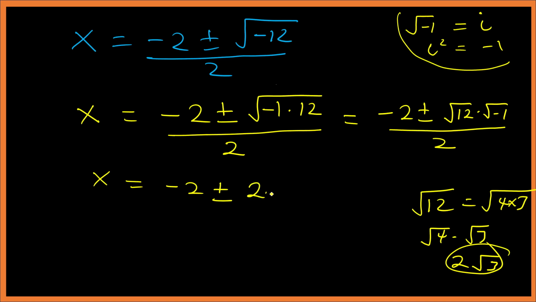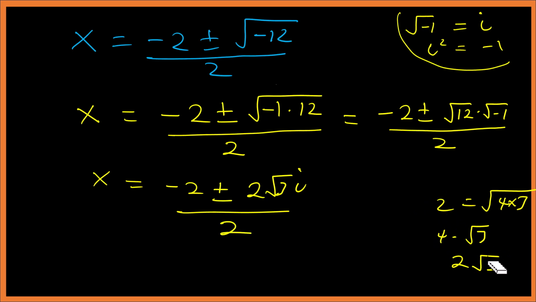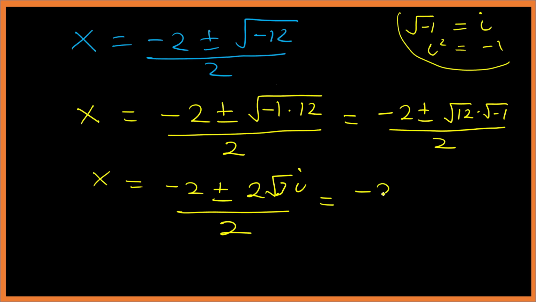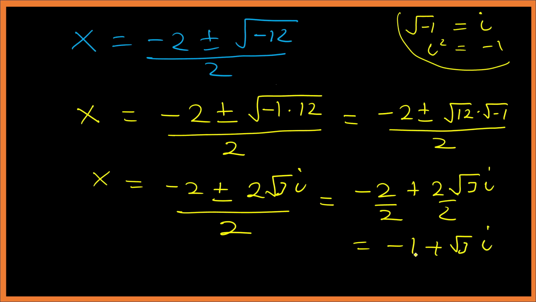So we have 2 root 3 i over 2. Okay, so we have two answers, -2 plus 2 root 3 i. If I divide this side by 2, it will be -1 plus root 3 i.